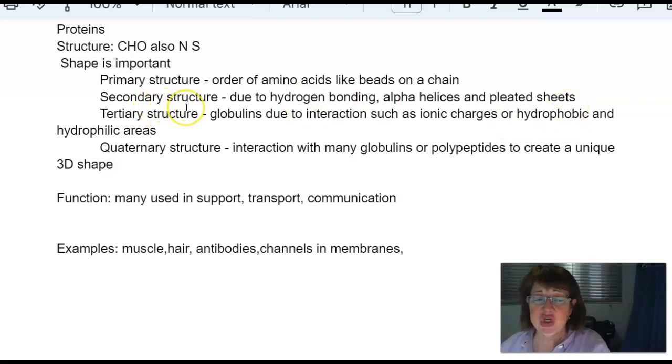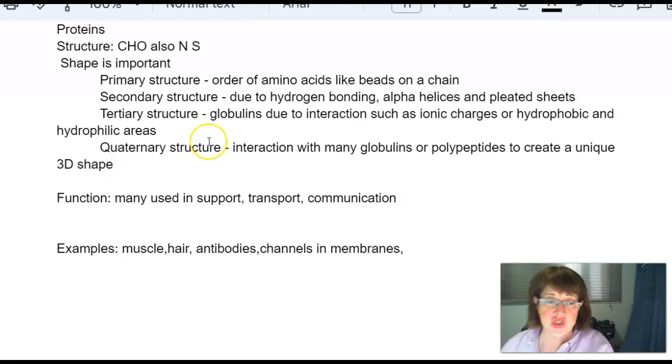And due to hydrogen bonding, you have alpha helixes and pleated sheets, which change the shape. Then there's also a tertiary structure, which is when they create a polypeptide, which is many peptides together, and the globulins will then interact, and they will form, based on ionic charges, positive and negative interactions, hydrophobic and hydrophilic areas. And we'll talk more about hydrophobic and hydrophilic as we talk about channels in membranes.